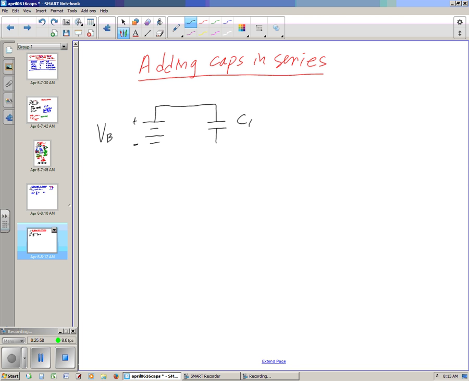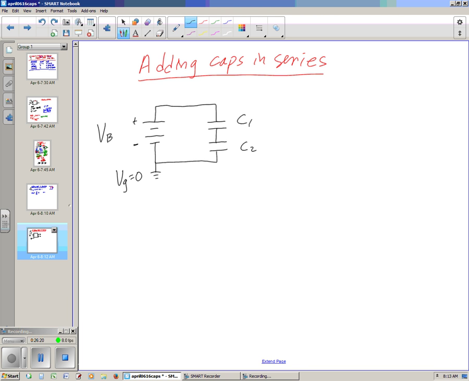You don't watch them all at once. So this would be C2. We're just going to limit ourselves to 2 here. We bring this back around, attach it to the negative end of the battery, and we'll put in a ground symbol, meaning the bottom of the battery, VG is equal to 0.